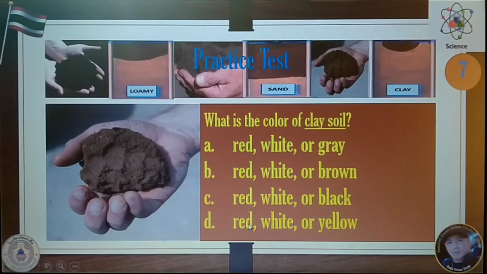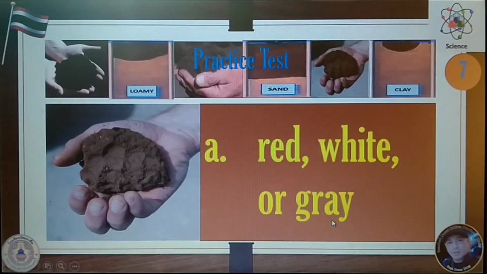D. Red, white, or yellow. The answer is A. Red, white, or gray.